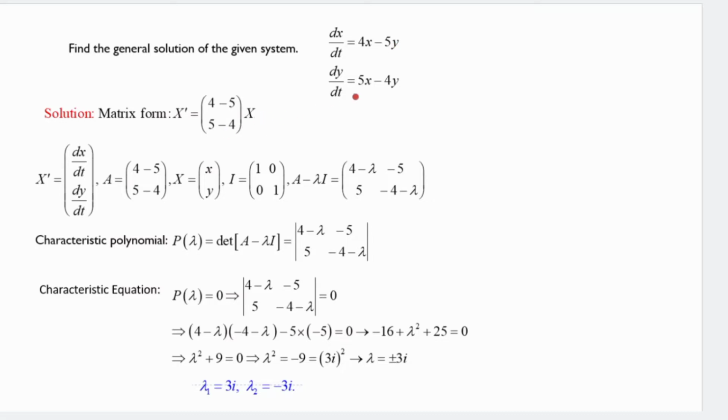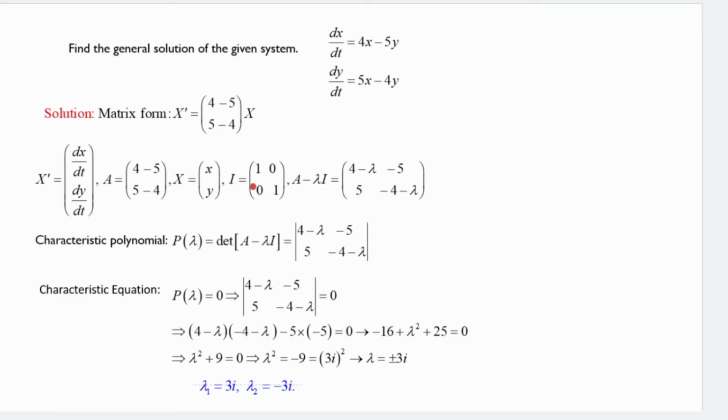And x is a matrix whose elements are the dependent variables x and y. This is x, this is A, and here this is the identity matrix, because our A is a 2 by 2 matrix, so you have to choose the identity matrix also 2 by 2.